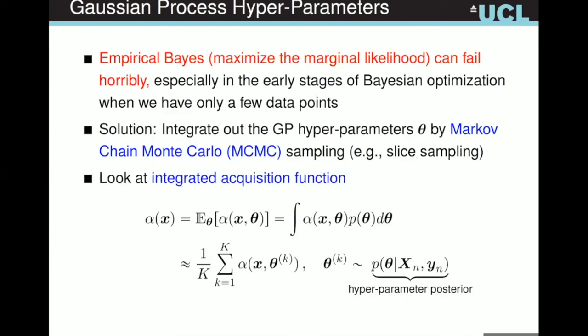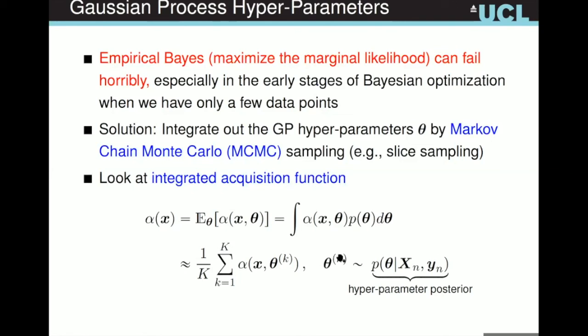So what we would then look at is the integrated acquisition function. Previously we just called it alpha of x, but implicitly it was always conditioned on the Gaussian process hyperparameters. What we can now do is average over all hyperparameters according to the posterior distribution on the hyperparameters.